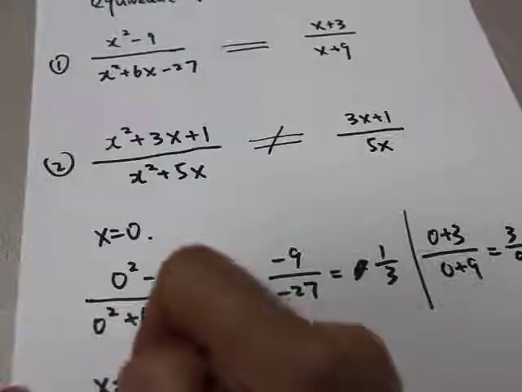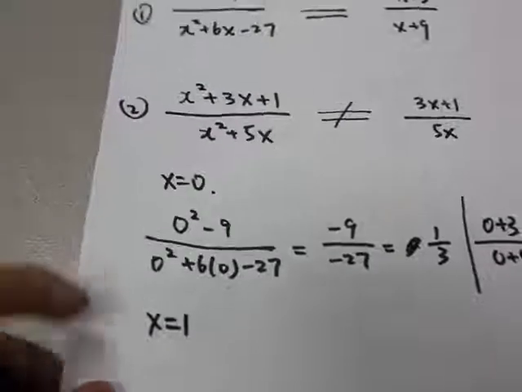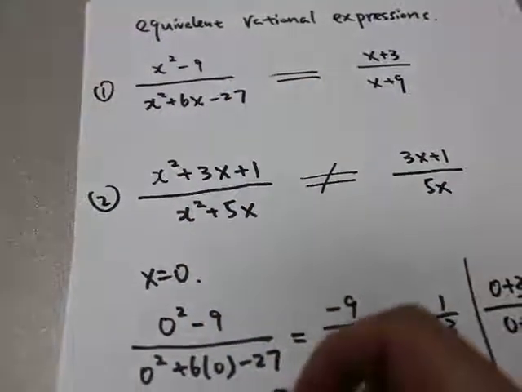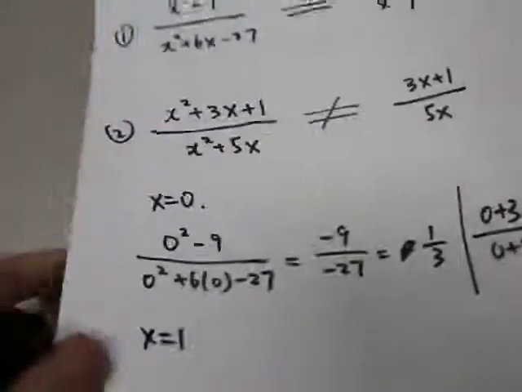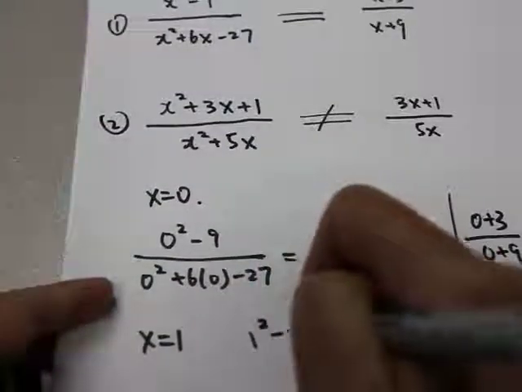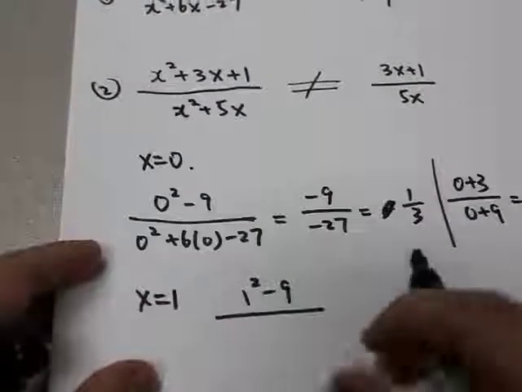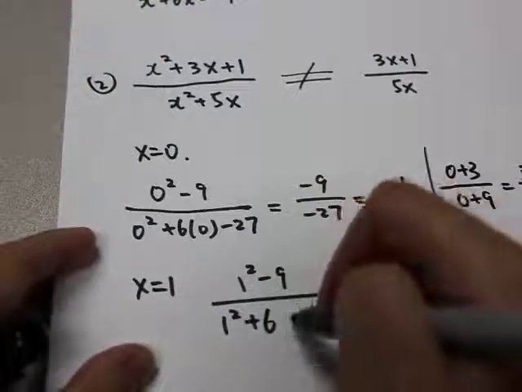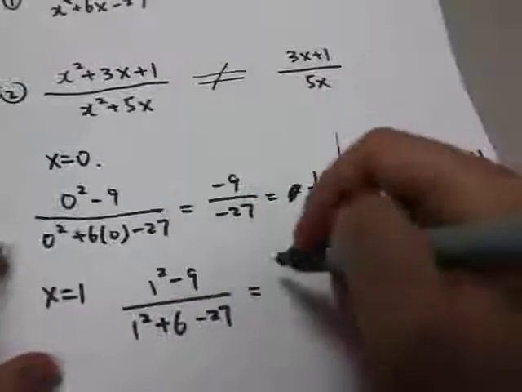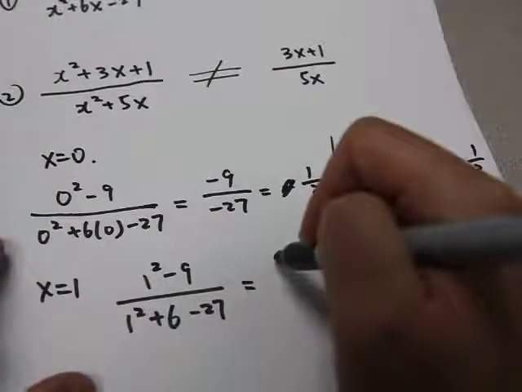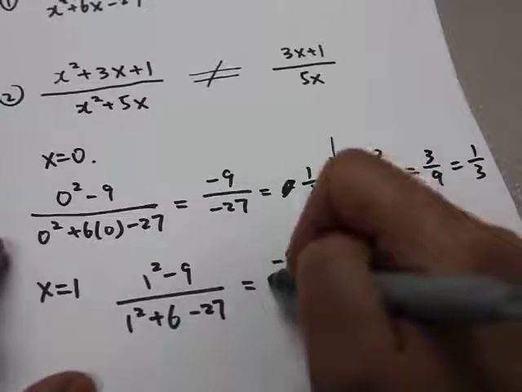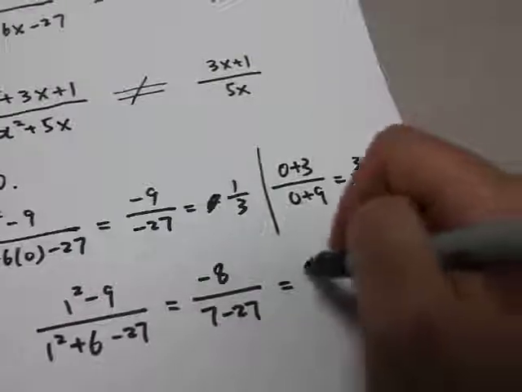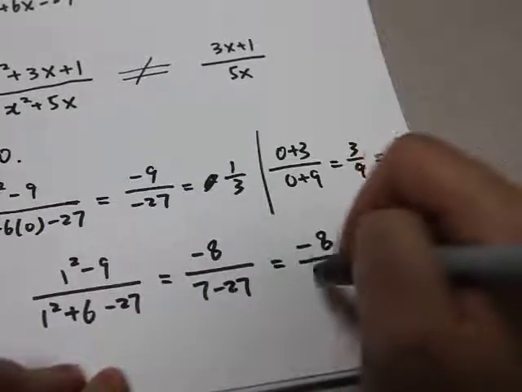Say I pick 1. When x equals 1, this expression is 1 squared minus 9 over 1 squared plus 6 times 1 minus 27. So this is negative 8 over 7 minus 21, so this is negative 8 over negative 20.